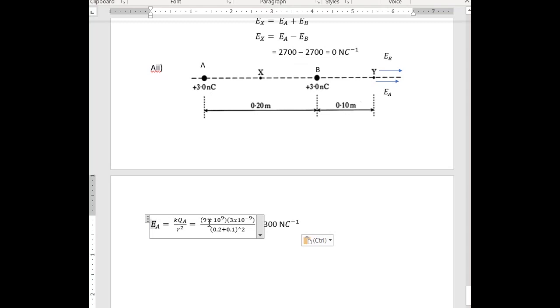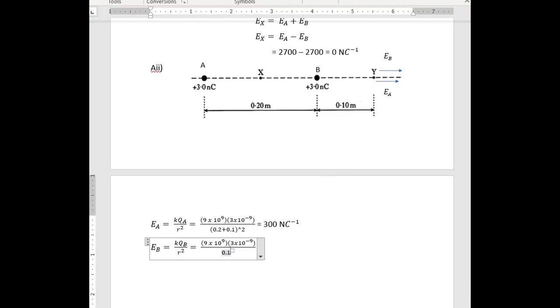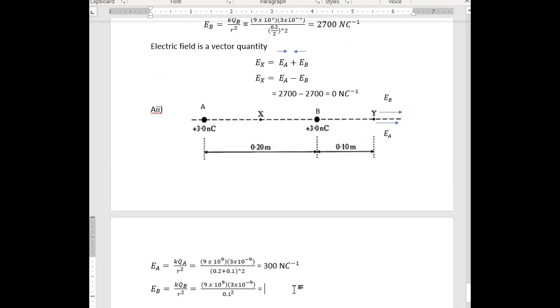Electric field induced by B on Y, K is 9 times 10 to the power of 9. Charge of B is 3 times 10 to the power of minus 9, and distance between charge B and Y is 0.1 square. We get 2,700 Newton per Coulomb.